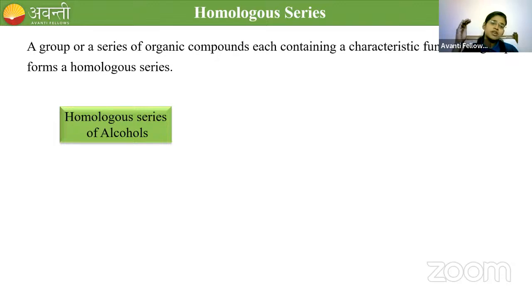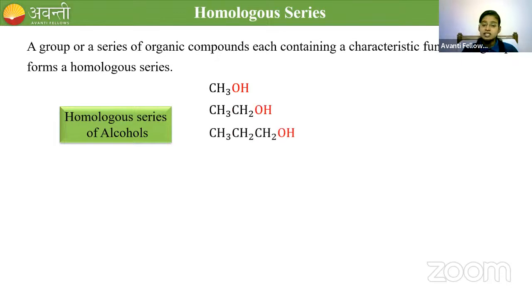I have to start from one carbon onwards. Alcohol means OH is attached to the carbon. One carbon with OH attached is called methanol, formula CH3OH. With two carbons, the formula is CH3CH2OH. With three carbons, CH3CH2CH2OH. And with four carbons, it keeps on going like this.